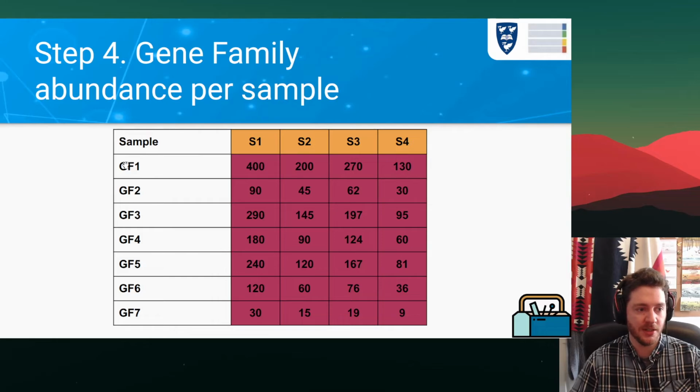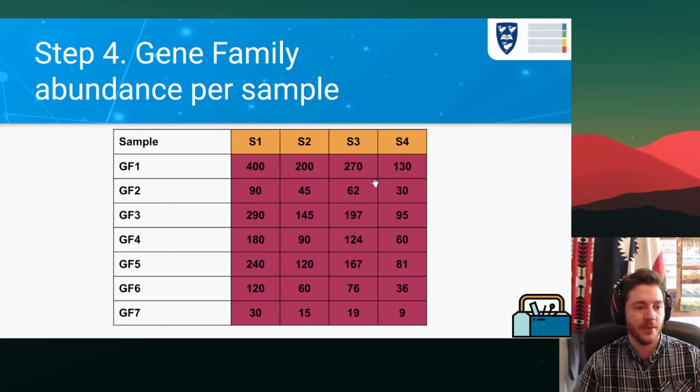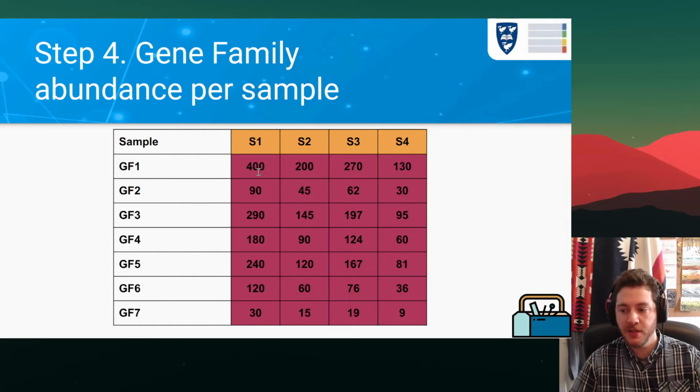So you can see sample 1 has an abundance of 400 for GF1. Sample 2 has an abundance of 200 for GF1. Sample 3, 270 for GF1, etc. So now we can have a comparison of the gene family abundances between the different samples. And these gene family abundances are contributed by every single organism within that sample, based on the 16S data.